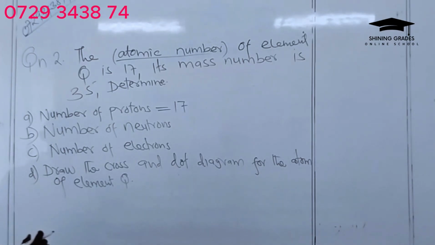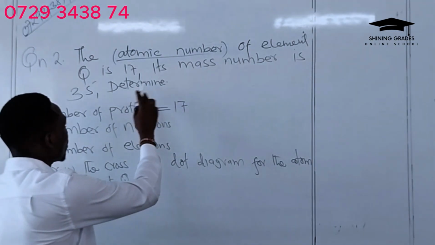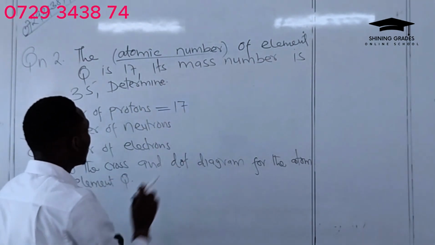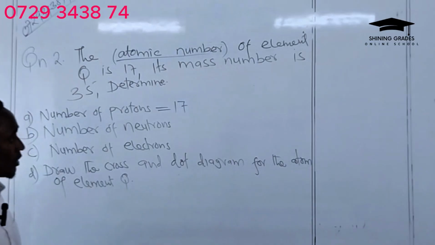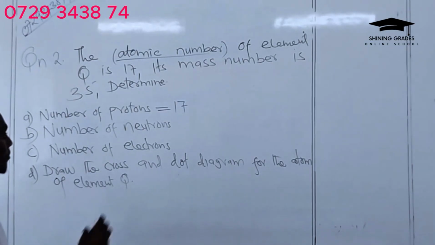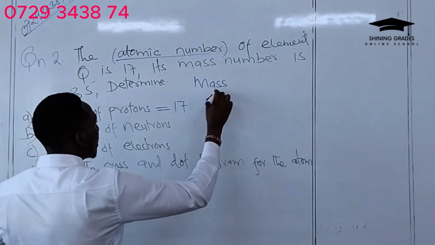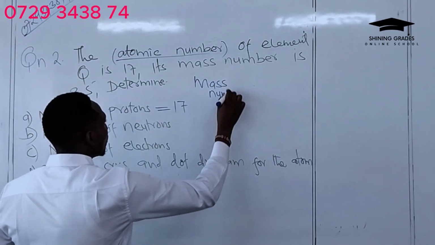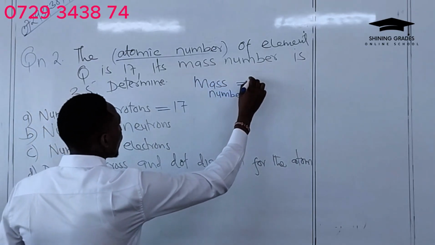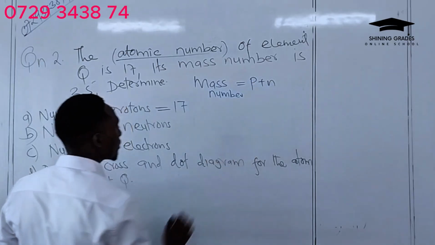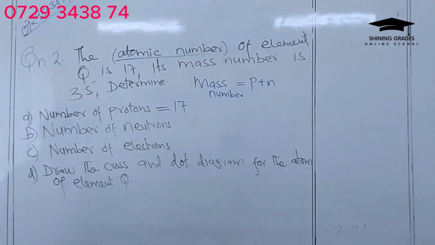Part B, the number of neutrons. The question says its mass number is 35, and we need to understand what this mass number is. Mass number is the sum of protons and neutrons in the nucleus of an atom.